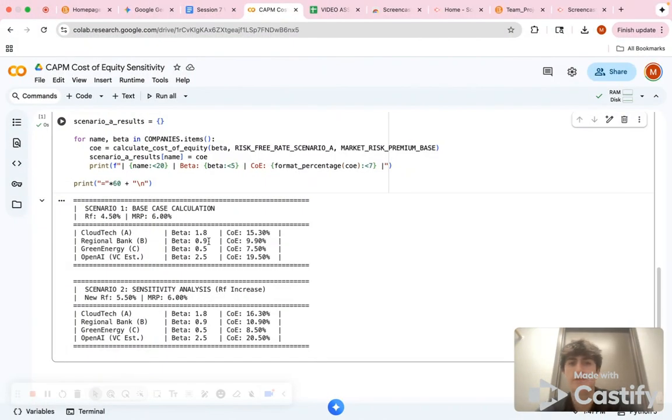Regional Bank, 0.9 beta, gives us a required return of 9.9%, which is less than Cloud Tech but more than Green Energy, because Green Energy has a lower beta of 0.5, with a required return of 7.5. And as we see here, OpenAI's beta is 2.5, so the required return is pretty high, at 19.5.